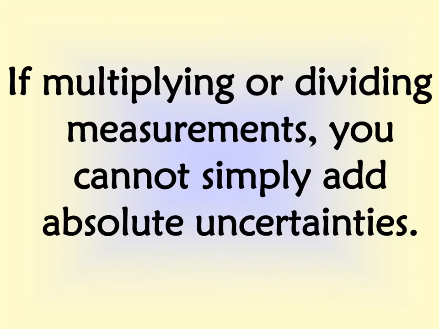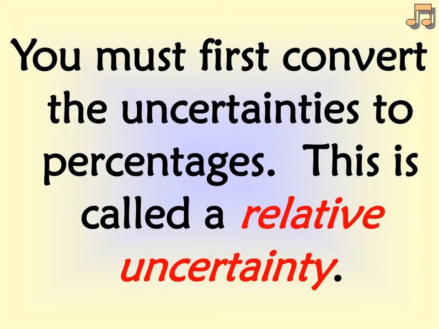If we happen to be multiplying or dividing measurements, we can't simply add the absolute uncertainties, because usually when you're multiplying or dividing, you're not multiplying or dividing by things that have the same unit. So what we have to do is figure out something called a relative uncertainty first. A relative uncertainty is a percentage uncertainty.